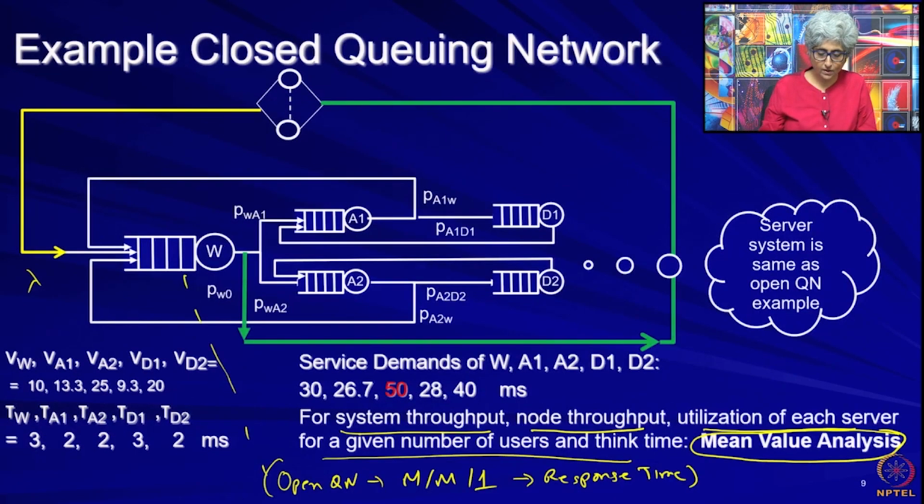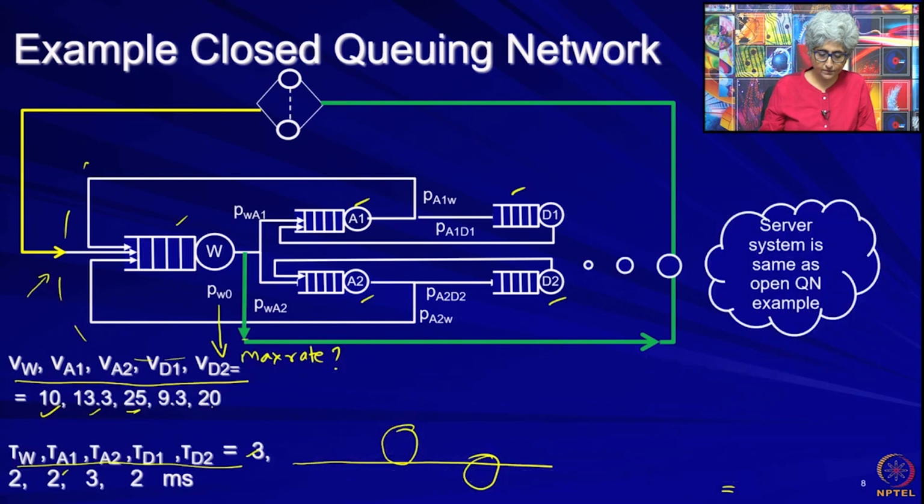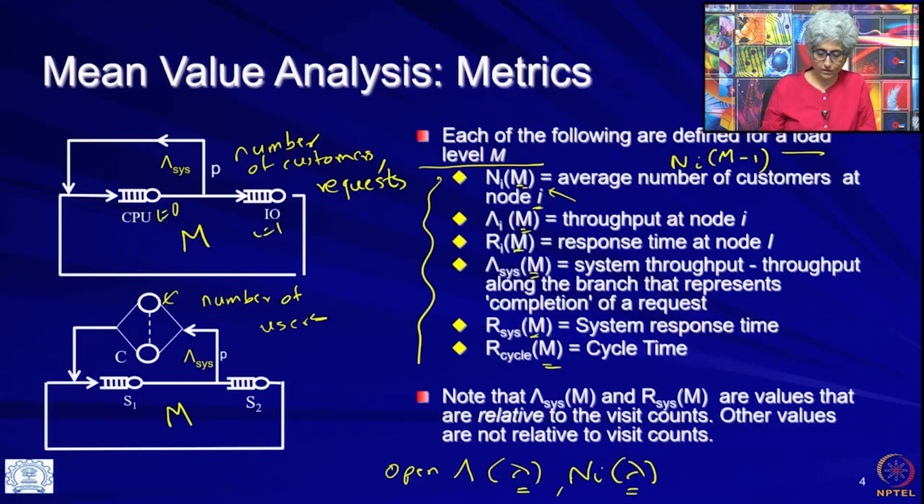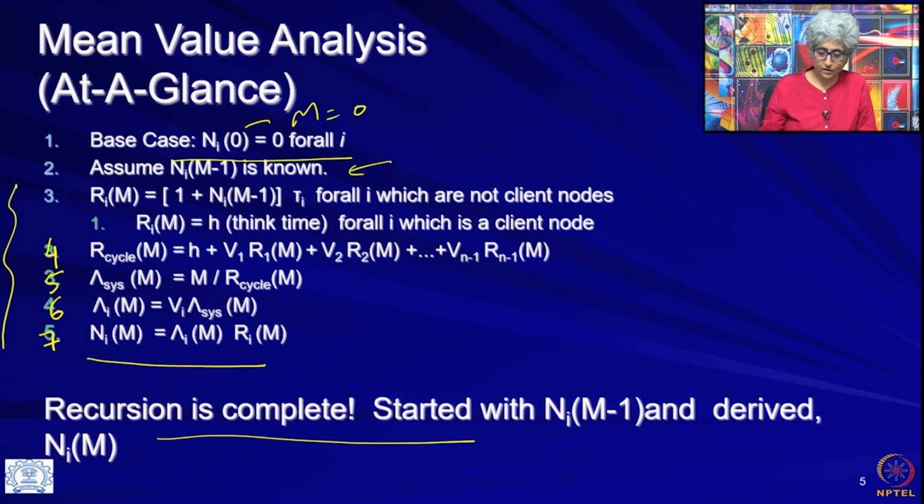What we have done so far is we have actually just calculated the system response time for m equal to 1. And we did not have to really use this recursion.